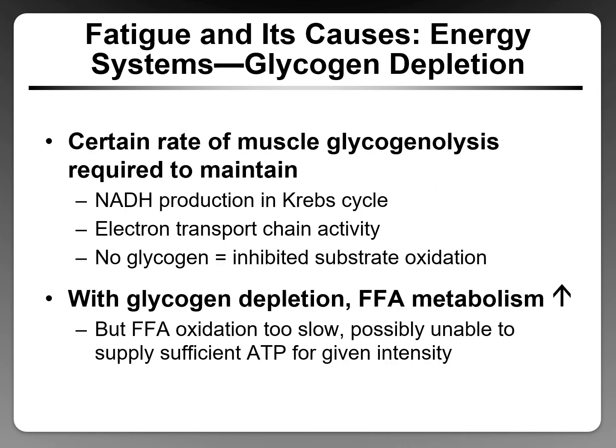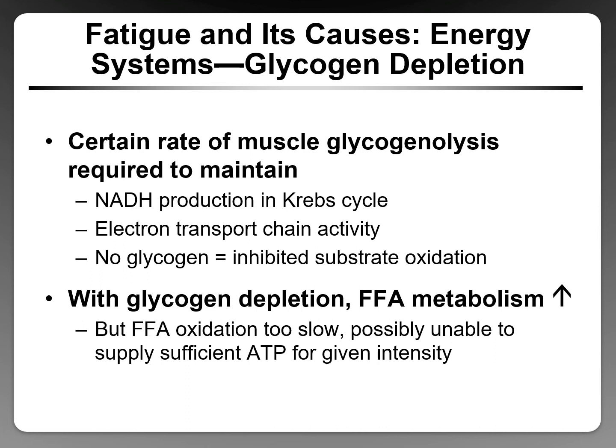We have to maintain a certain rate of muscle glycogenolysis, so muscle breakdown of glycogen, to maintain our NADH production in the Krebs cycle and our electron transport chain activity for phosphorylation. So if we have no glycogen, we're going to have inhibited substrate oxidation. The best way to remember this that I've heard in graduate school was that fat burns in a carbohydrate flame.